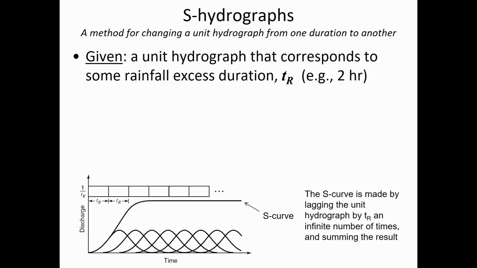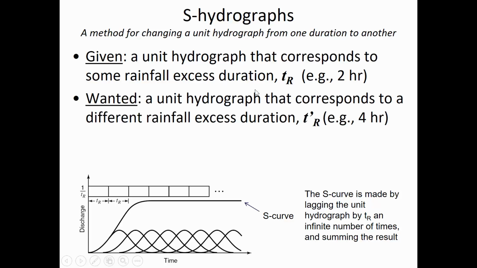So let's say you had a watershed you've been studying and a really good two-hour storm, but you wanted to know what a 4-hour storm is going to look like in terms of the stream response in that same watershed. The S-hydrograph method will allow you to convert the runoff hydrograph from a 2-hour rainfall excess to a 4-hour rainfall excess, or any duration that you're interested in.